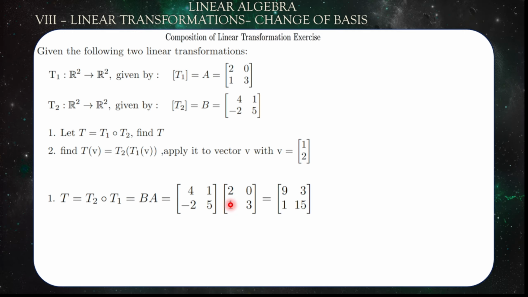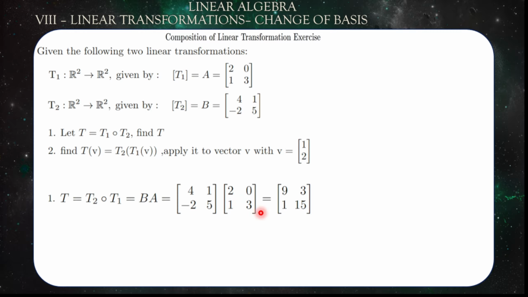This was supposed to be T2 o T1, so it's the inverse. Perhaps the question was wrong to begin with. So T equals T2 o T1, we multiply B of T2 by A.